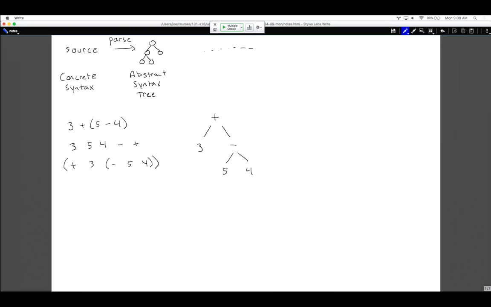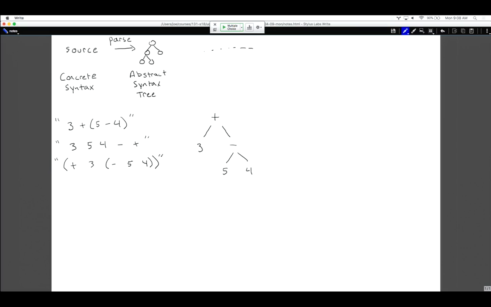And all 3 of those concrete syntaxes, we could think of these as strings of text. All 3 of those, we might decide mean this nested calculation.